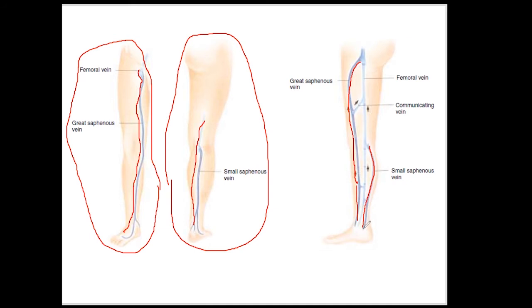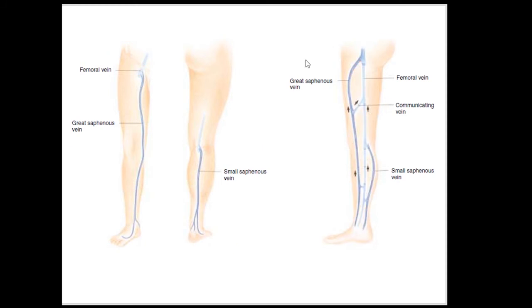That's the superficial view, but we still have a deeper view. It goes to the center of the legs, and they communicate with the superficial view. So that's basically the veins in our leg.